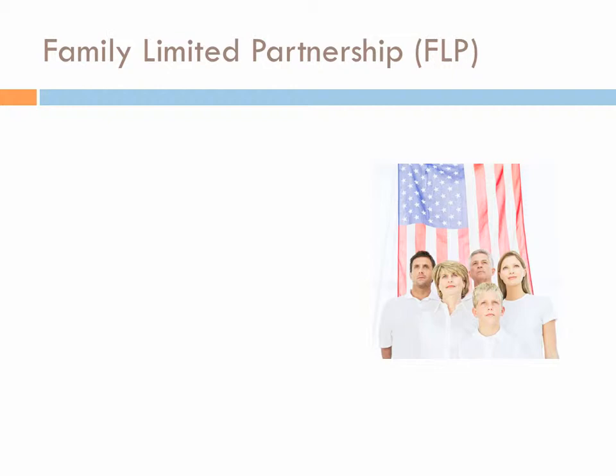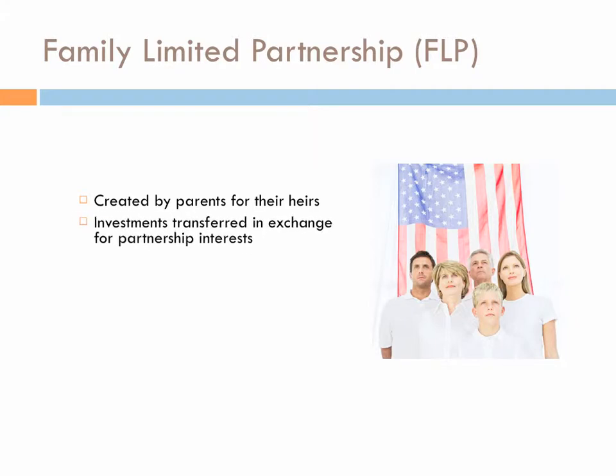Business structure can also be an effective tax planning strategy for family assets. A family limited partnership, or FLP, is a limited partnership consisting of family members. Usually, it is created by parents for the ultimate benefit of their heirs. The parents' selected investments are transferred into a partnership in exchange for general and limited partnership interests.